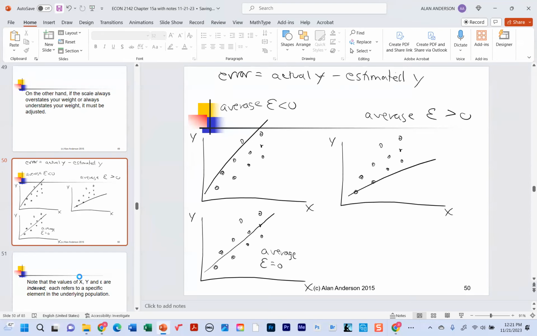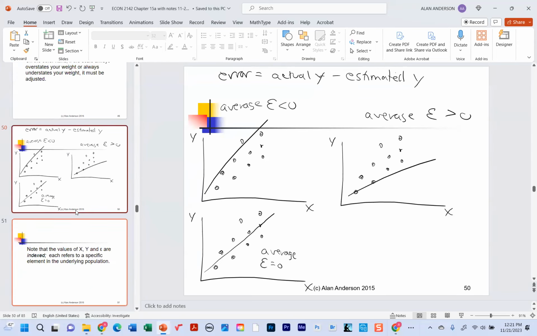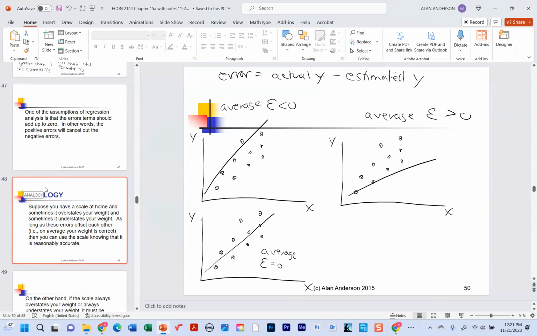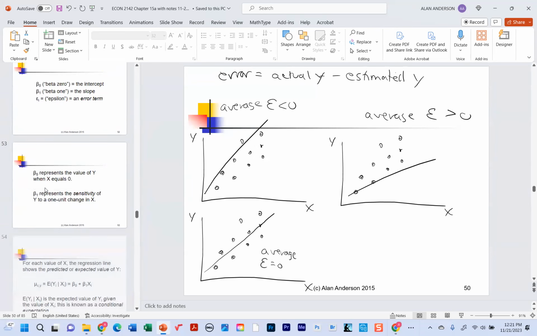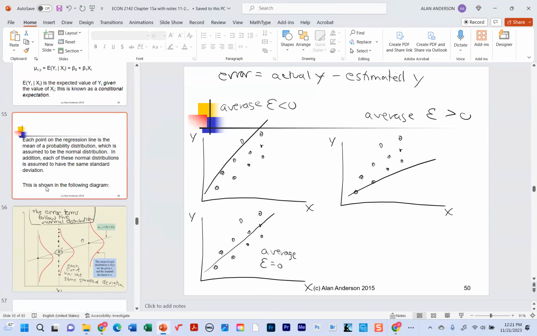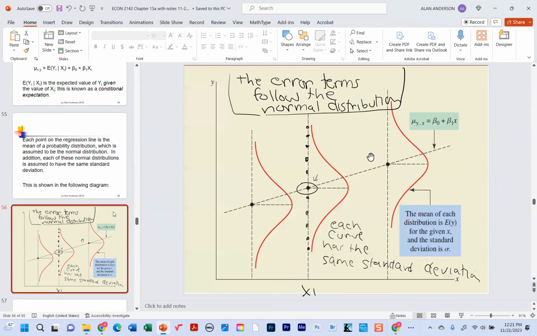All right. Now the indexes, I think we already understand the indexes because they refer to specific elements in our population. All right. So by the way, I just want to show you these points that we're estimating. Now this is where it gets really messy, are actually centers of probability distributions. And those distributions are normal.